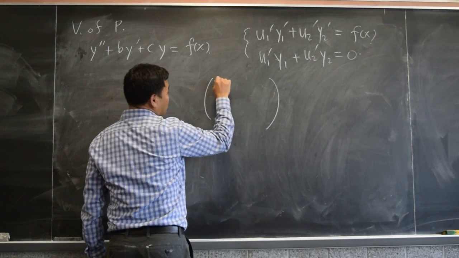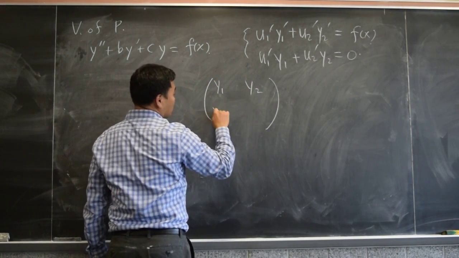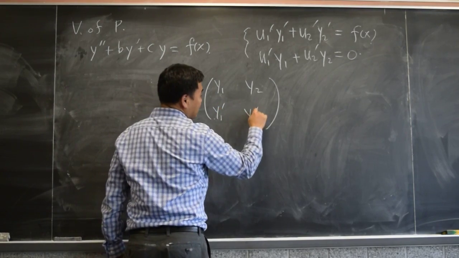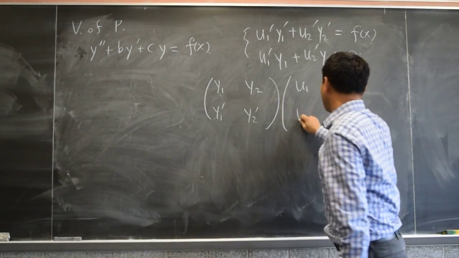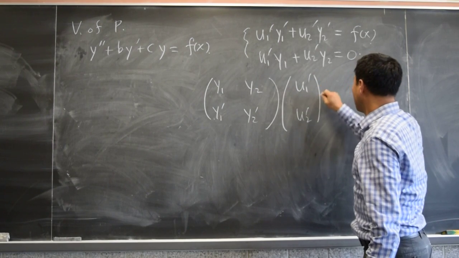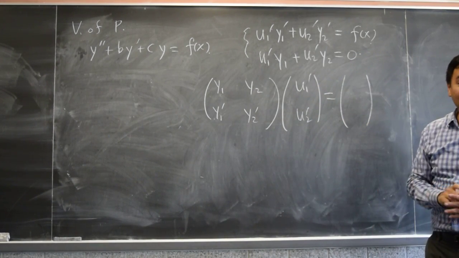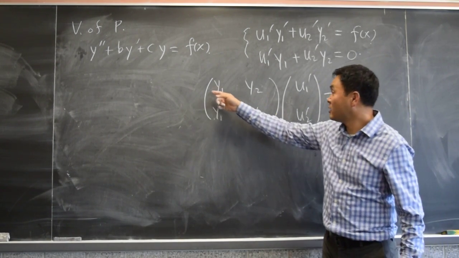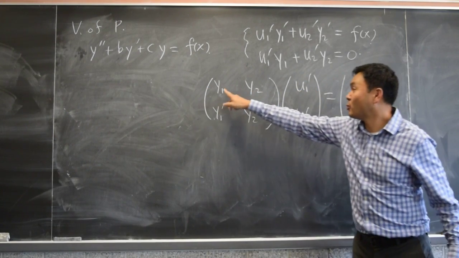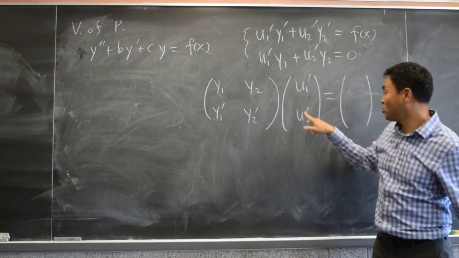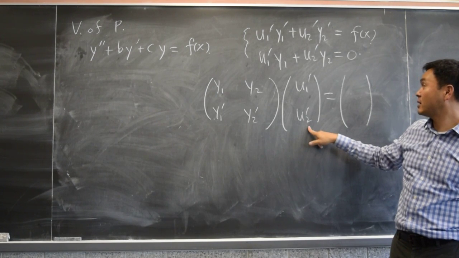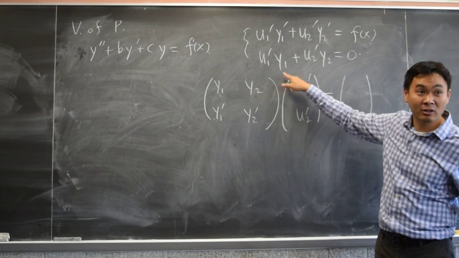So write it as the matrix y1, y2, y1 prime, y2 prime, times u1 prime, u2 prime, equal to. Let's try to figure out what you get. This times this, what do you get? y1 u1 prime plus y2 u2 prime. Which one is that? It's the second one, not the top one.